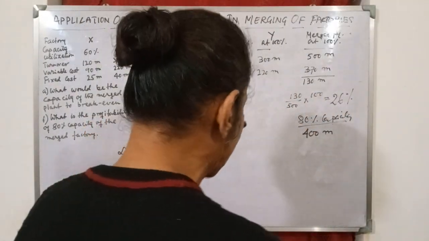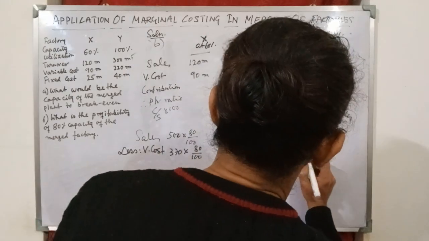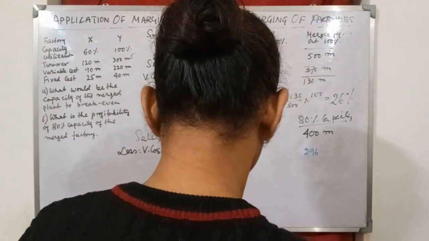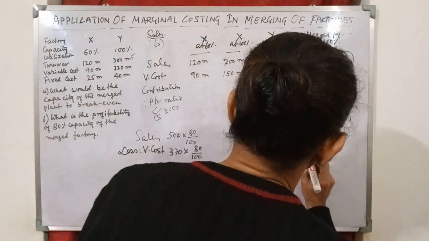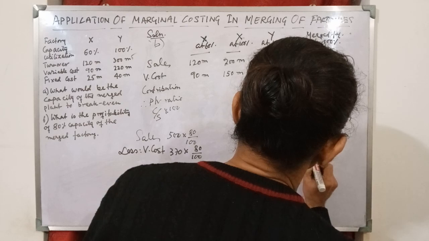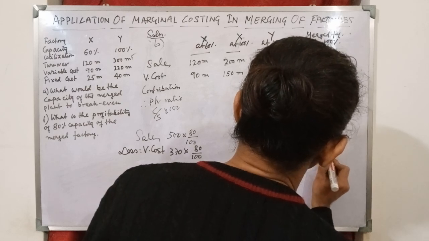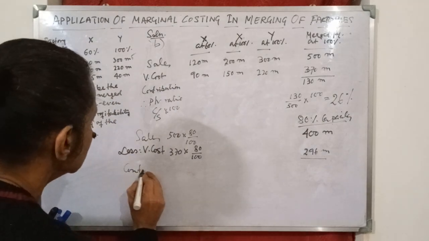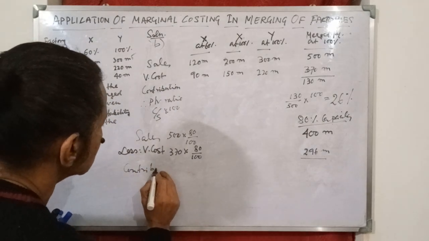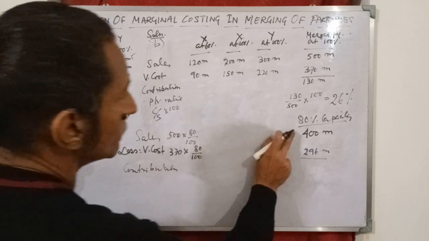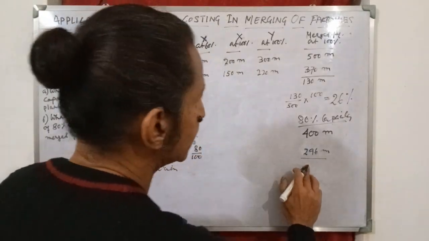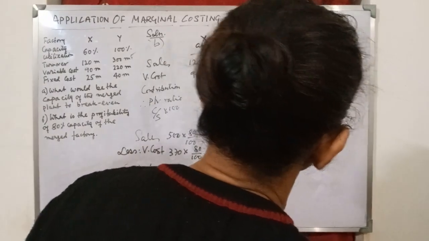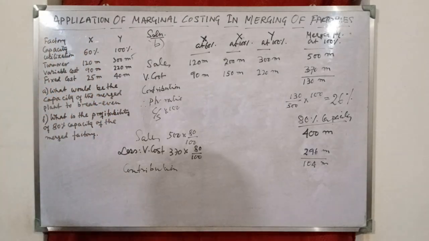So variable cost is 296 million. Therefore, contribution, which is sales minus variable cost, will be 400 minus 296, that is 104 million. Correct?